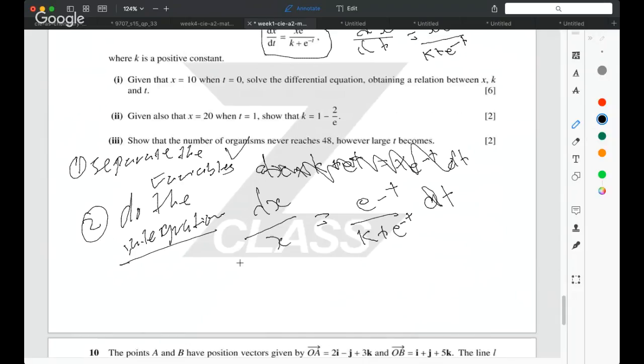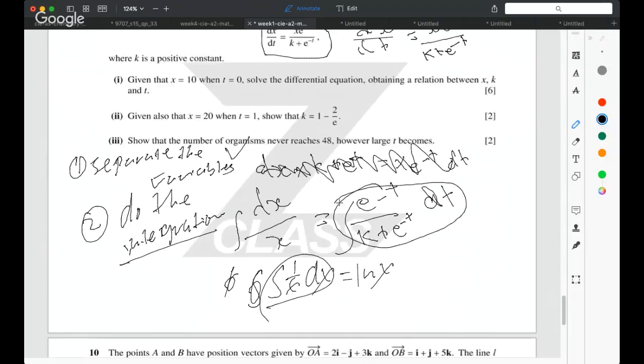So what is the integration on the left hand side? Integrating dx over x, it's ln x. What is the integration of the right hand side? Which is slightly more difficult.